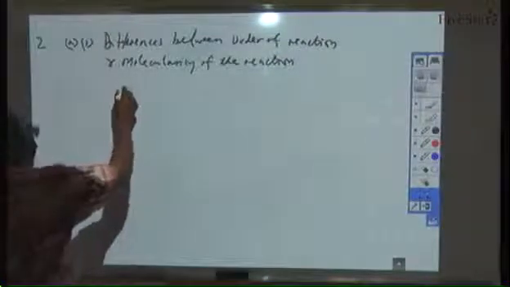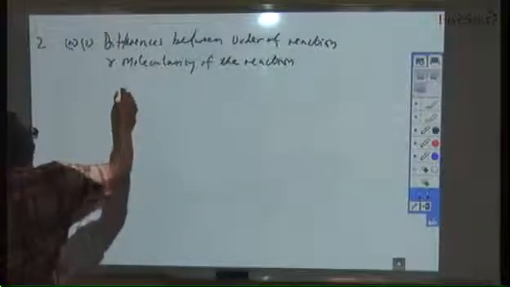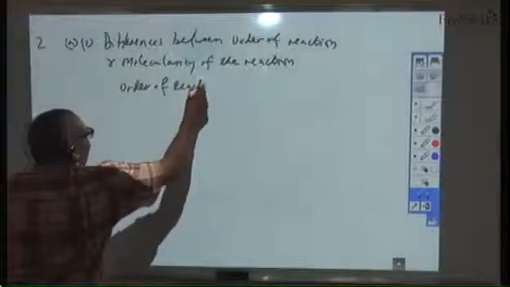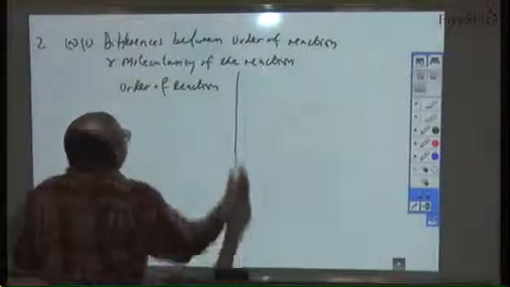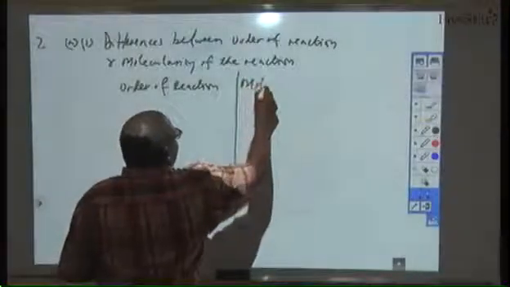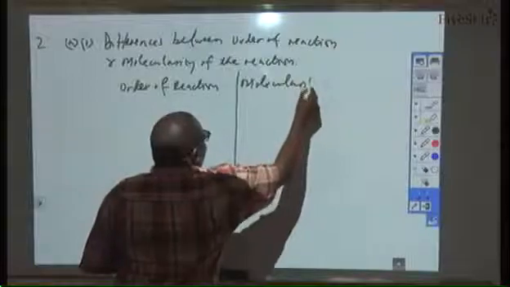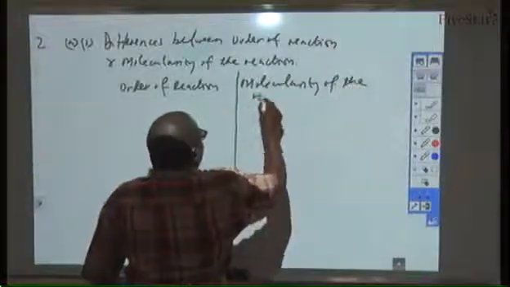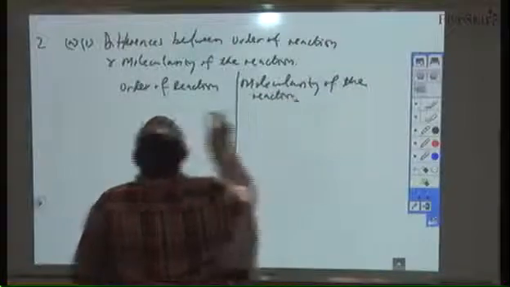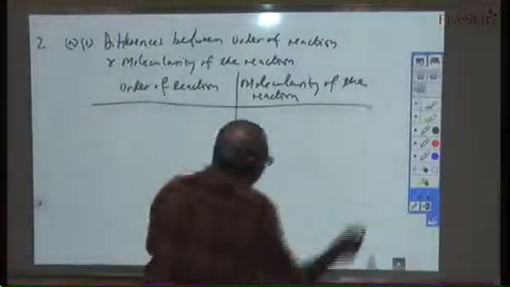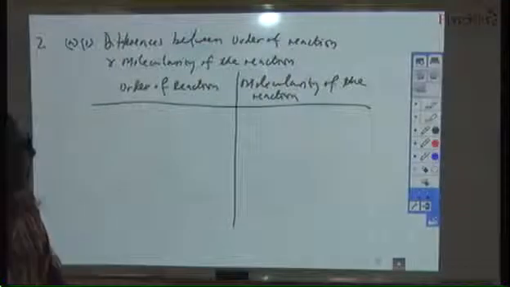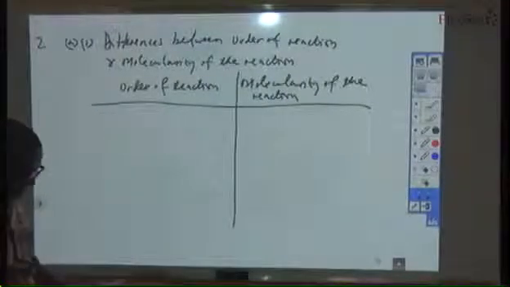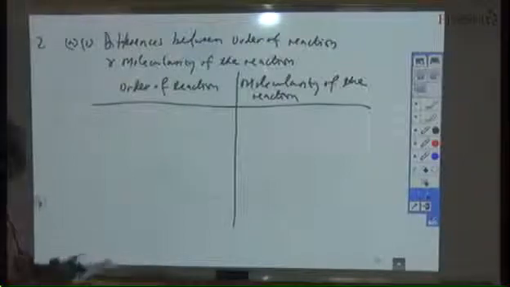So, on one hand, you are having order of reaction. On the other hand, molecularity. Give the four differences between order of reaction and molecularity of the reaction.